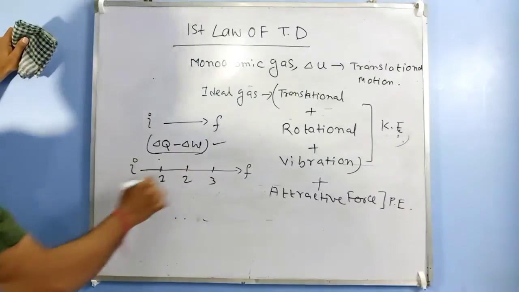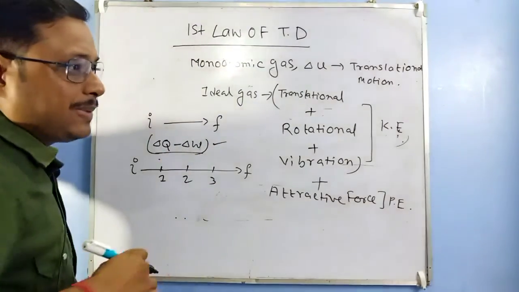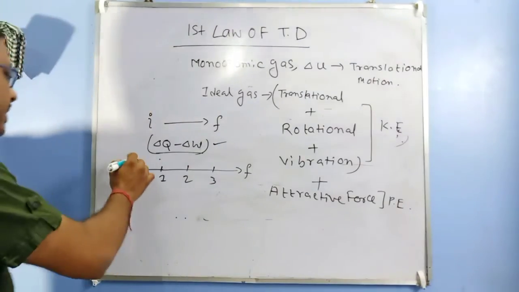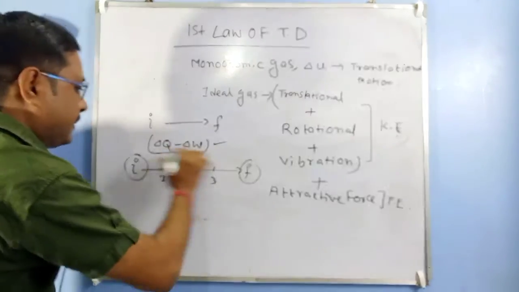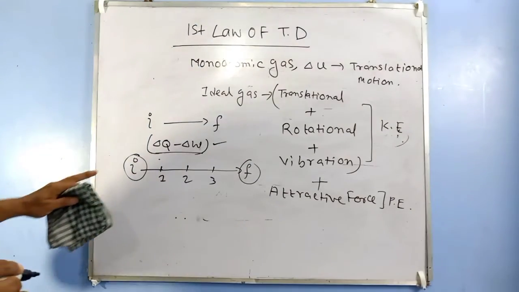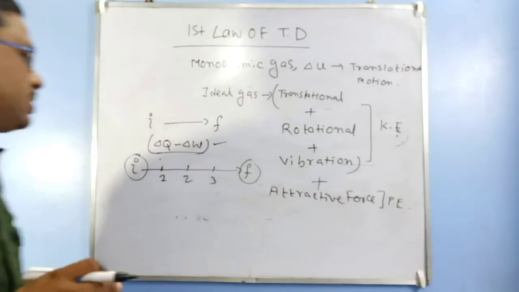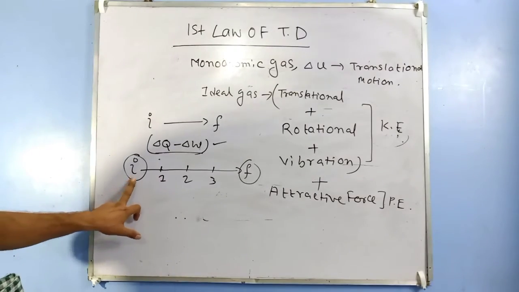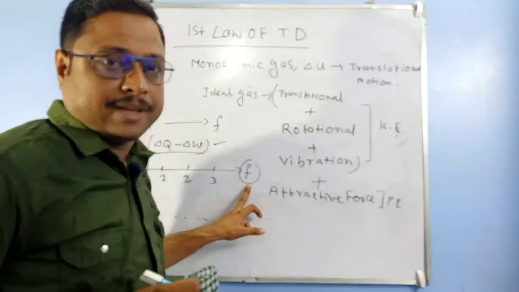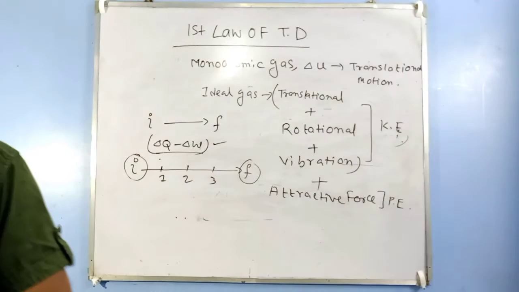It is always the same because internal energy does not depend on the path in which the process occurs, it only depends on the initial and final point. This is the basic point of internal energy.